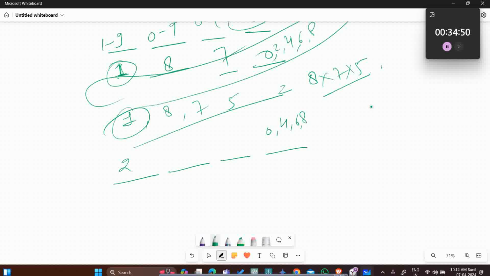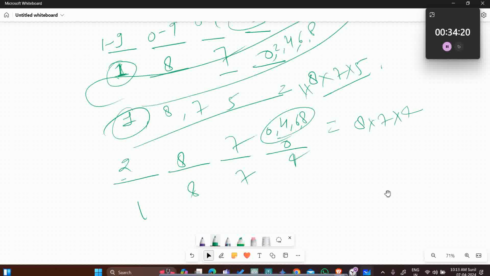So 2 is here, and for the middle places it is 8 and 7, but for the last place we are left with 4 choices only. So it is 8 into 7 into 4.